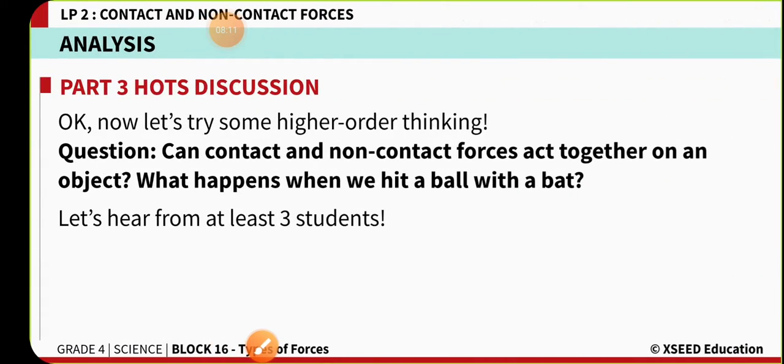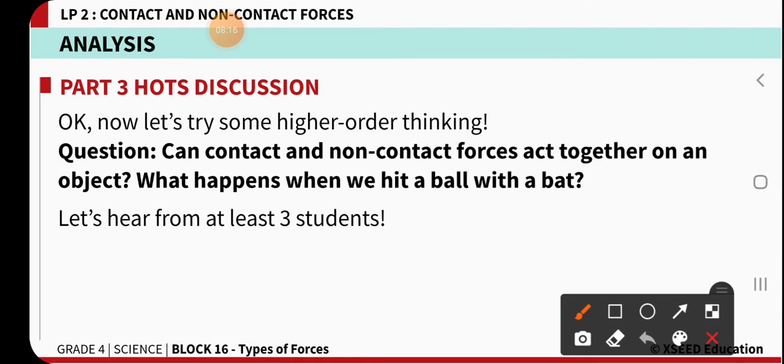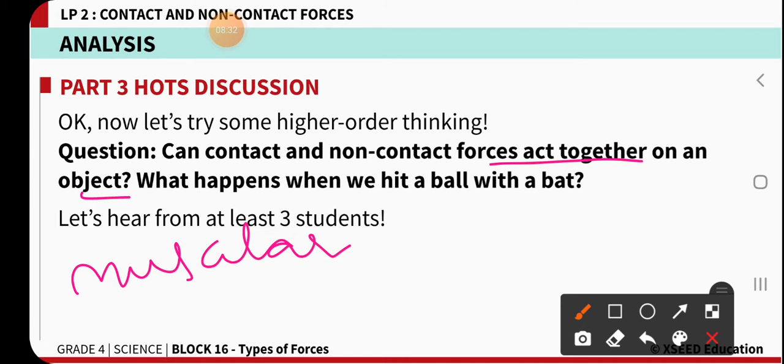Can contact and non-contact forces act together on an object? Yes, definitely they can act together on an object. While playing football or cricket, a bowler throws the ball. When he is throwing the ball, the muscular force acts, and even when the batsman hits the ball, again the muscular force is acting.